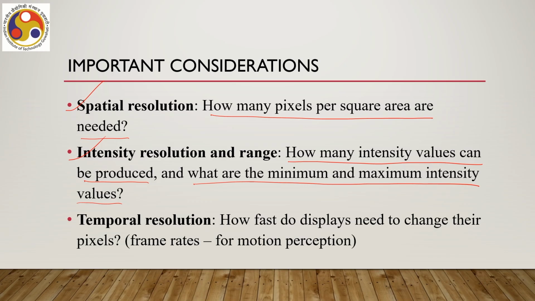And thirdly, temporal resolution, that is how fast displays need to change their pixels. In other words, frame rates or refreshing. Frame rates are very important, particularly in the context of motion perception. We need to understand how objects are moving, so which frame rates allow us to perceive motion smoothly without any jitter.